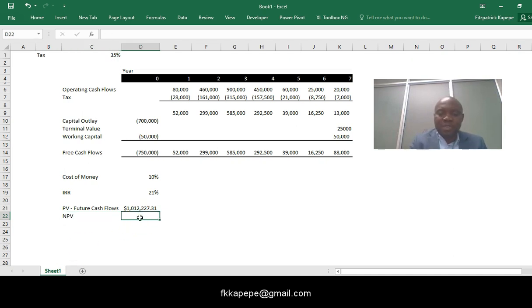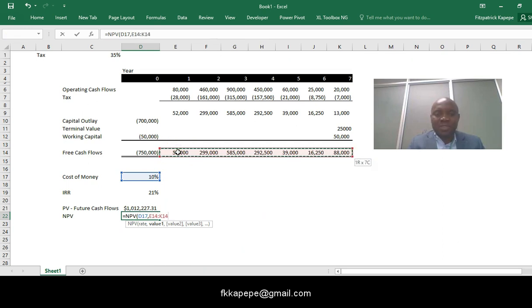So our NPV will be, because the NPV formula, you pick the rate. What's the rate? Cost of money rate. And pick the future cash flows.